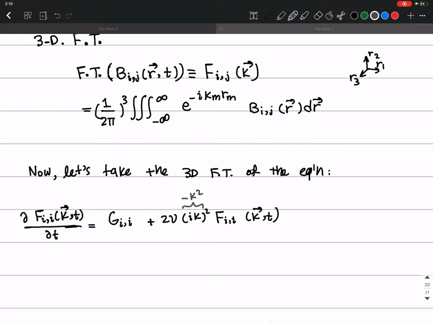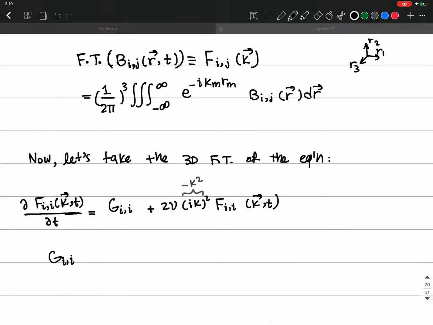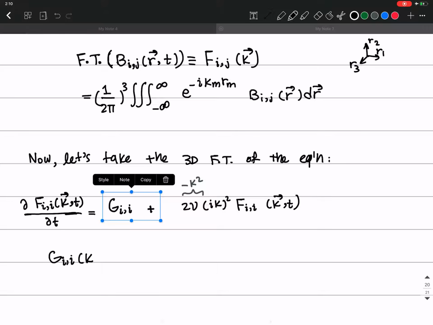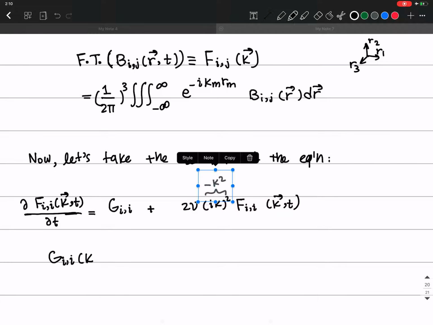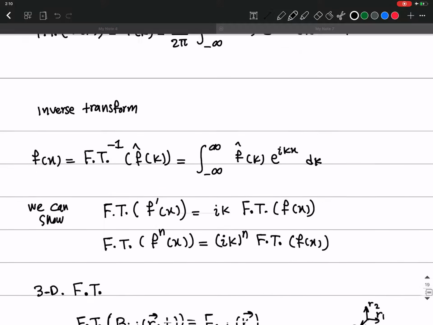So let me define what is GII. GII of k and t is going to be the Fourier transform of these terms.